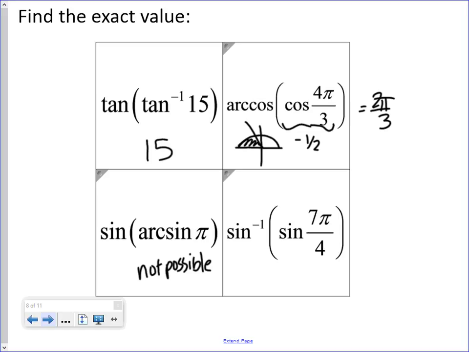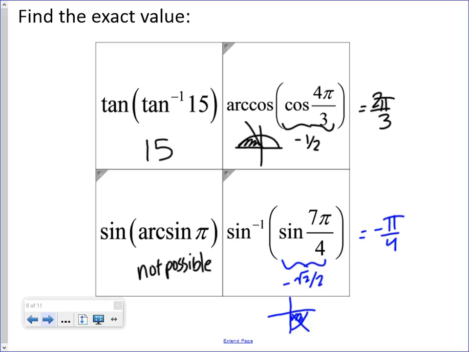What would we say instead? Negative pi over 4. The sine of 7 pi over 4 is going to have a negative square root 2 over 2. If we did the inverse sine of negative square root 2 over 2, we'd be answering in the fourth quadrant. Okay, and that would be negative pi over 4. Okay, so be very thoughtful about domains and ranges.